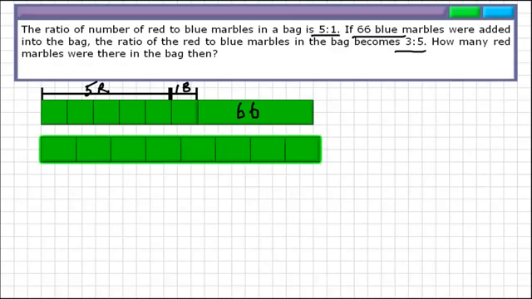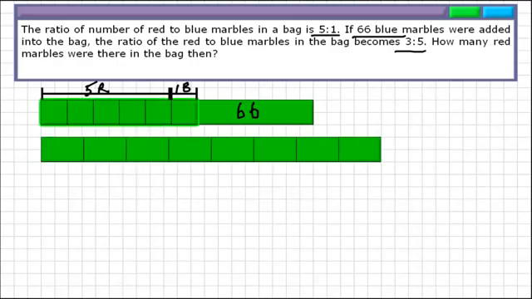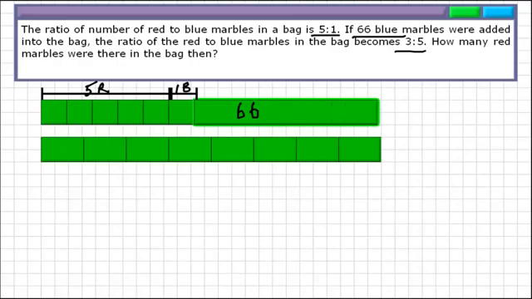Let's adjust it slightly, more or less, and extend it all the way to 66. Now we can label it. It's 3.